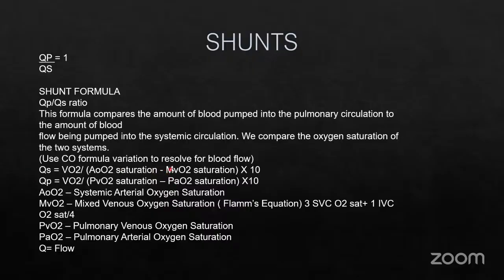So for QS, I will have to resolve for the mixed venous if I have that information. If I have SVC and IVC, I get that information and get the mixed value through Flamm's equation. Do we remember Flamm's equation? 3 SVCs plus 1 IVC divided by 4. If I have the information, chicken parm, remember. If I don't have SVC and IVC, what else can I do? Where do my SVC and IVC mix?